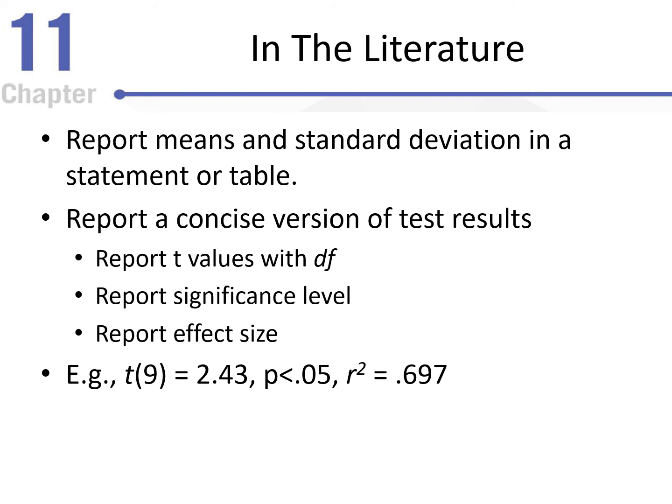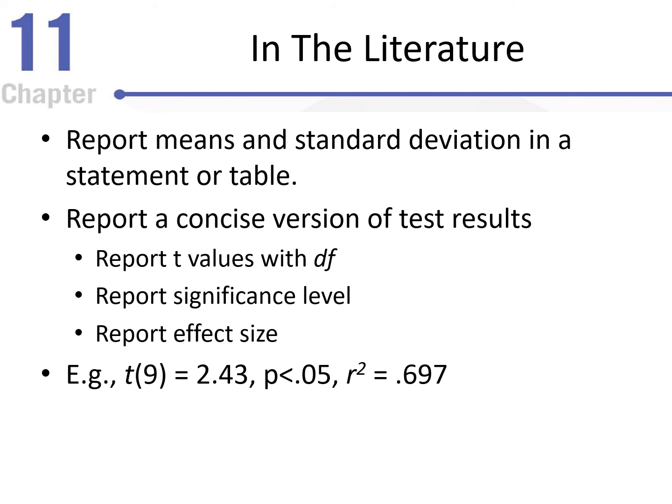If you're writing this up to publish it, you want to report the t value with the degrees of freedom. You want to report the significance level, and you should report the effect size, although not everyone does. It's useful to report the effect size. So for example, if you had 10 subjects, you'd report t parentheses 9 because you have 9 degrees of freedom with 10 subjects.